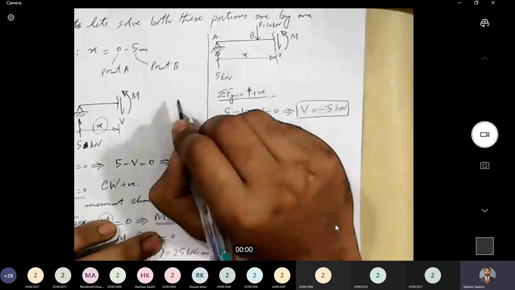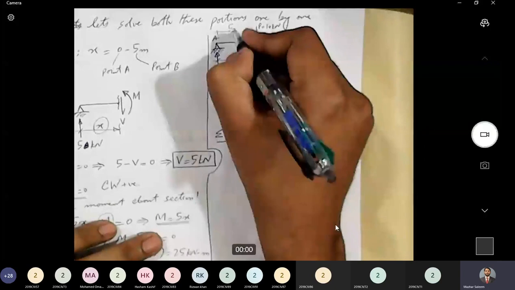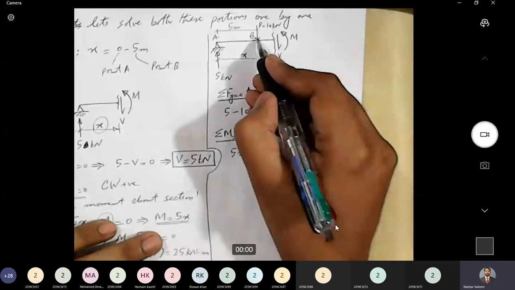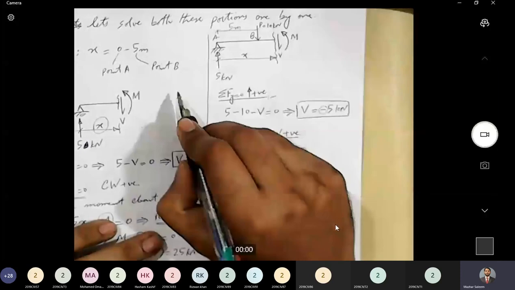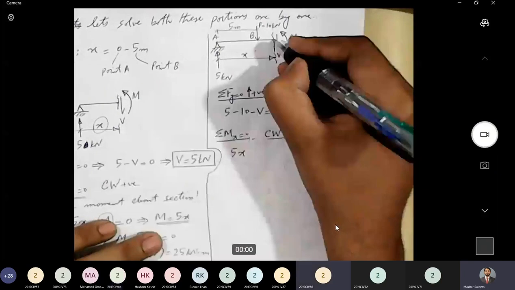This is X and this distance is 5 meters. So how much is the lever arm of this 10 kilonewton force if we are calculating moment about this location? Is it 5? Any other idea? We are calculating moment here. X minus 5. Yes, that is correct.